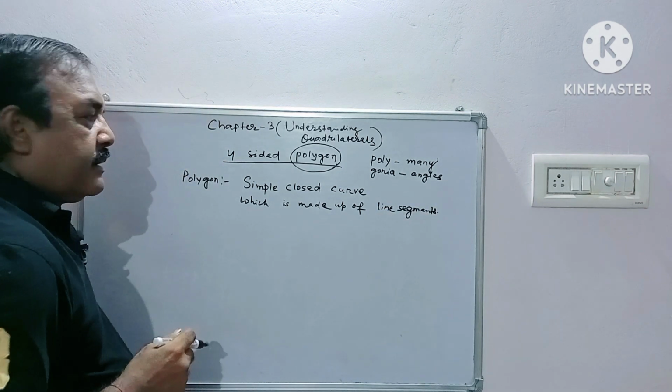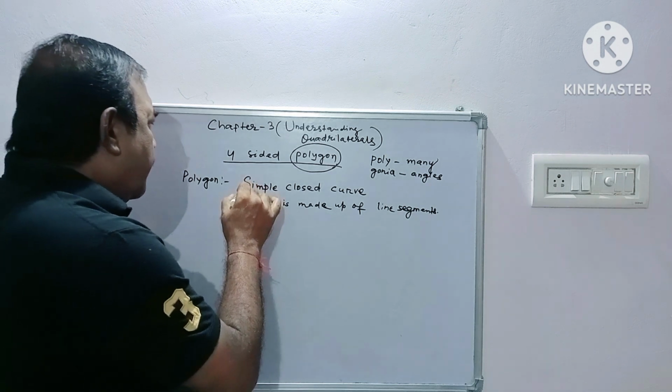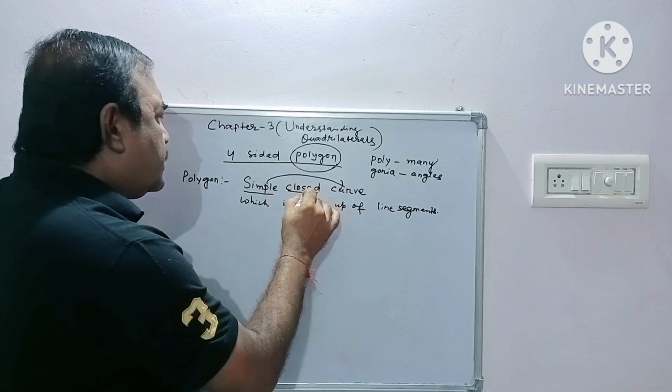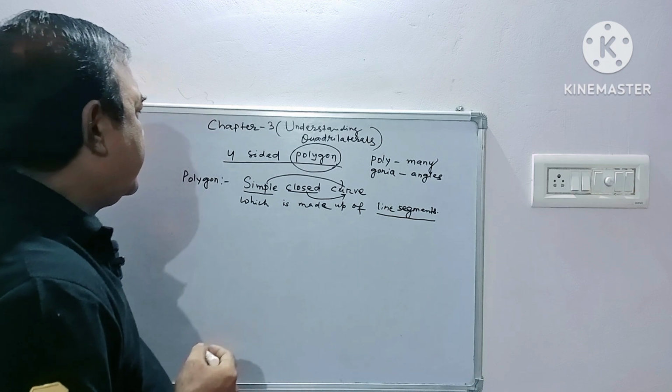And you see there are different terms used here: simple curve, closed curve, and already you know what a line segment is.